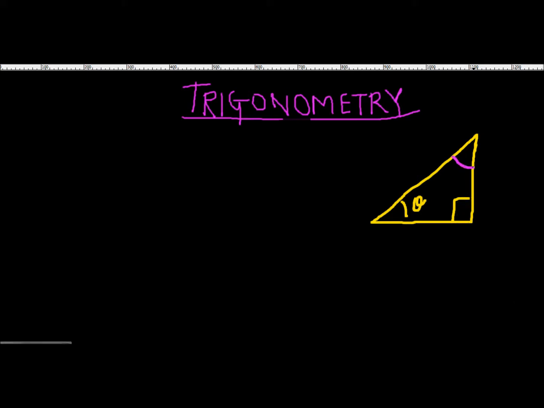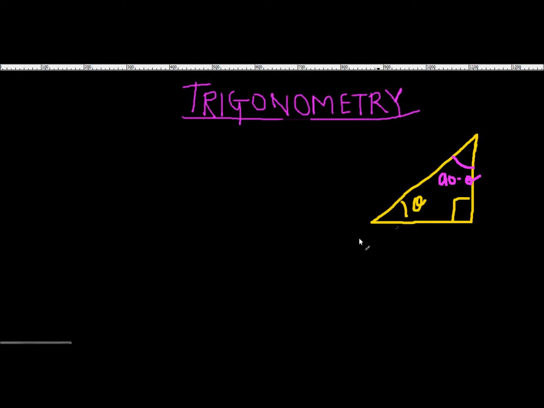So this by itself, guys, according to ASP, which is angle sum property of a triangle, you know that all angles of a triangle add up to 180. So you have theta, you have 90, so this must be 90 minus theta. Alright, I hope you understand this bit.